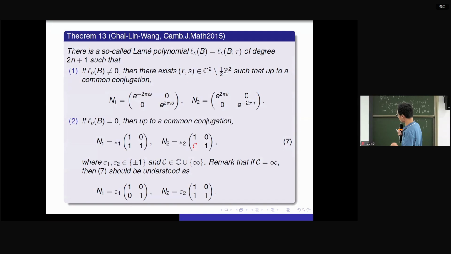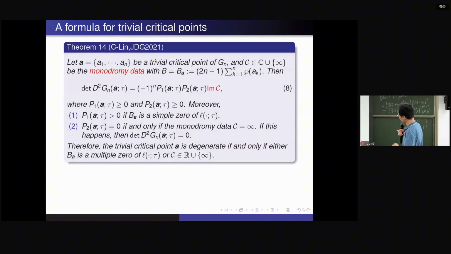We can prove this B_A is a zero of the polynomial. So this B_A corresponds to a monodromy data C. We can prove that the Hessian of G_N at this trivial critical point can be expressed in this way. These two terms are non-negative, times the imaginary part of this C.